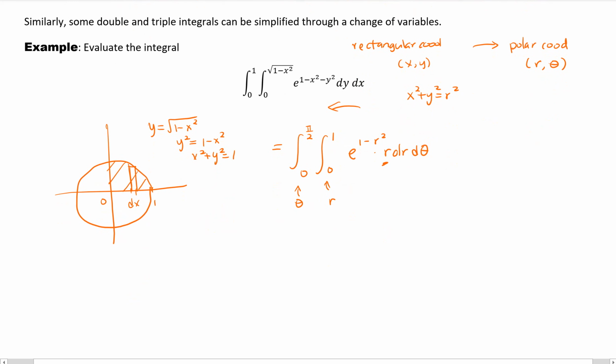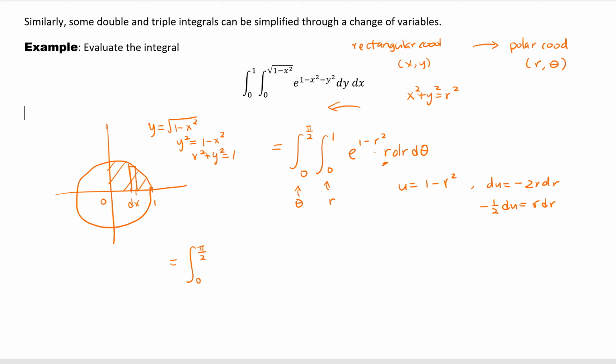Okay, so we can do u substitution. Let u be the exponent of e, so 1 minus r squared. Du is minus 2r dr. And r dr is then equal to minus 1/2 du. So far, so good, everybody. Theta is from 0 to pi over 2.